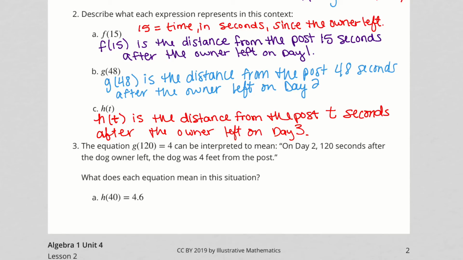Three. So we could say on day 3, how many seconds are we from the time that the owner left? 40. So we can say 40 seconds after the owner left.